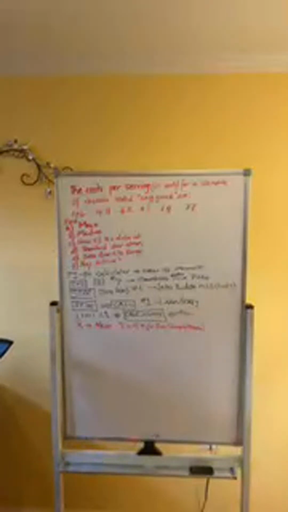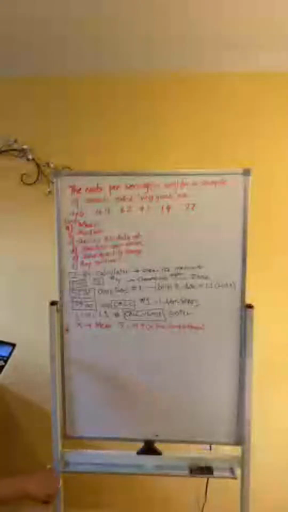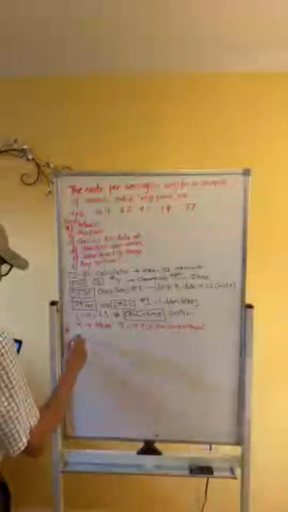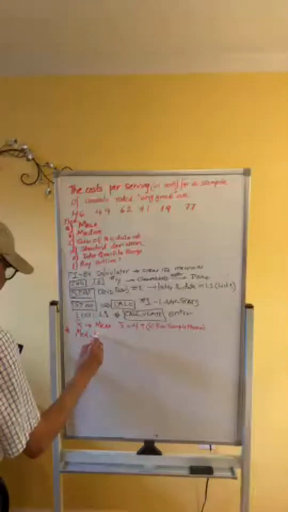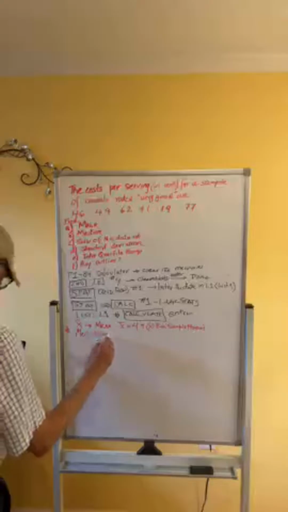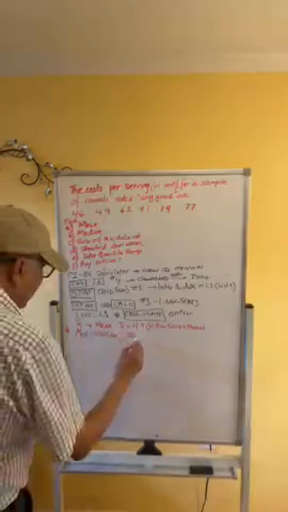Okay. We are now looking for the median. To get to the median, we have to scroll down to the first line in this next screen, which is Med. Med stands for median, and that is equal to 47.5.